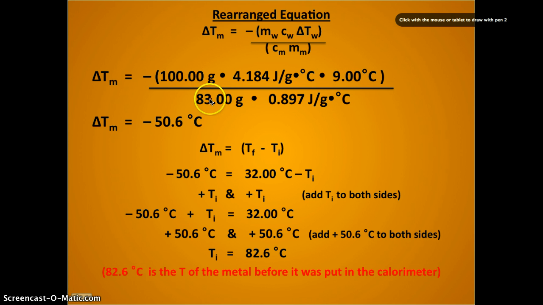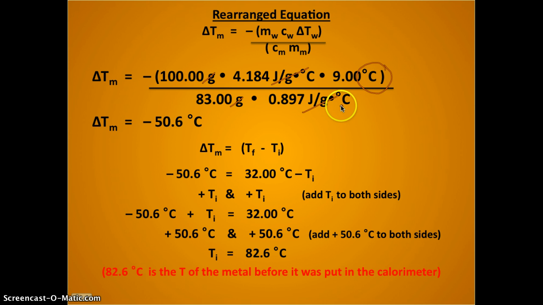Okay, so in this particular problem with your plug-in, remember your delta T of the metal, you have to make sure that you cancel your units. So grams and grams cancel, and we have two specific heats, so all of those units cancel, and we're left with degrees Celsius.